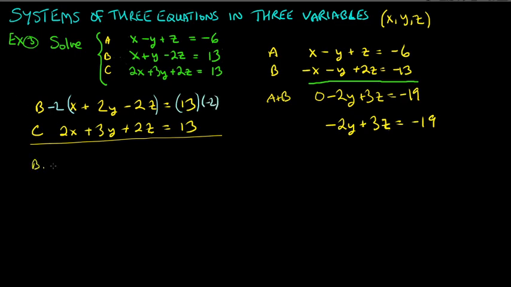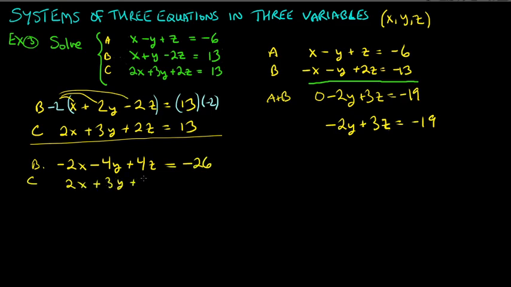This is still equation b. We have negative 2x minus 4y plus 4z, which I got just by distributing. And on the right side, 13 times negative 2 is negative 26. Now I can add that to equation c here, which I'm just copying down.